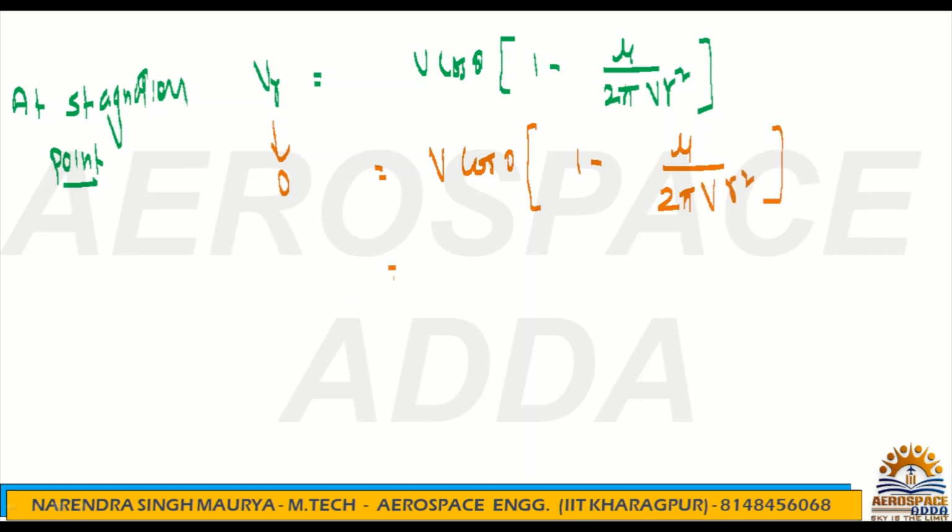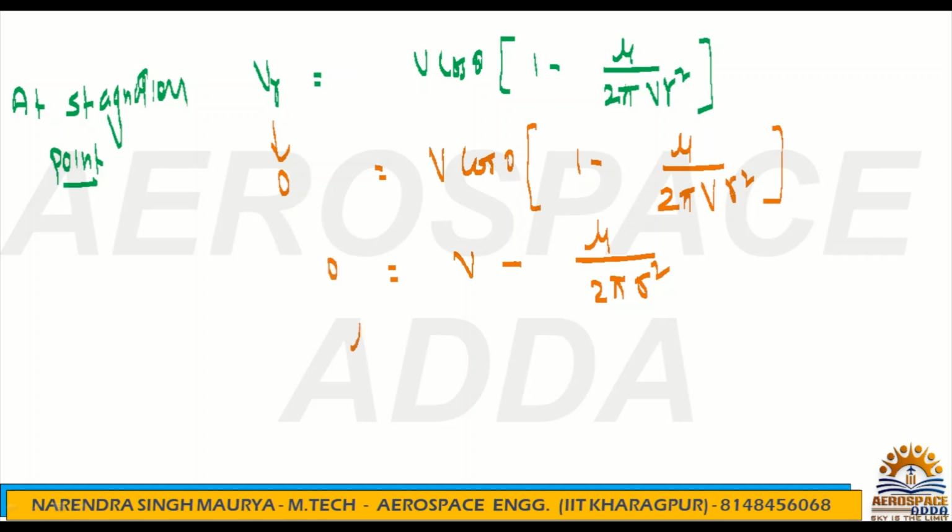Just open the bracket. So v minus mu upon 2 pi r square, because cos 0 is 1, and v will cancel out, equal to 0.